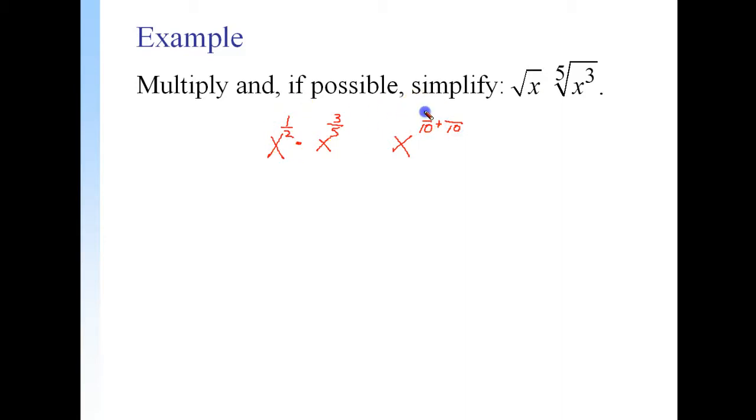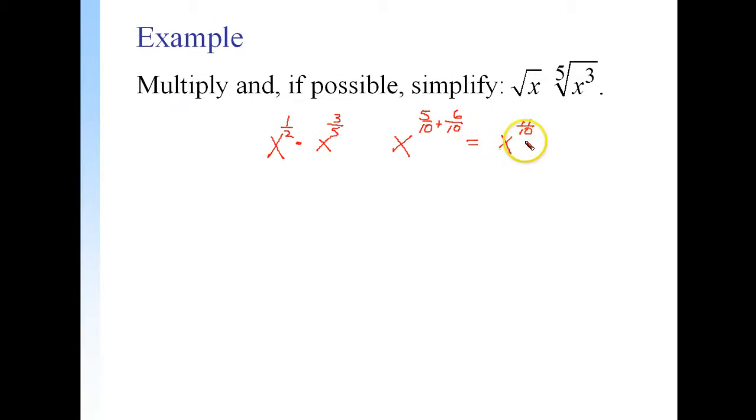So this one's going to be 5/10. I'm not going into how to do fractions. You should know that by now. And this is 6. So this will then become x to the 11/10 power.